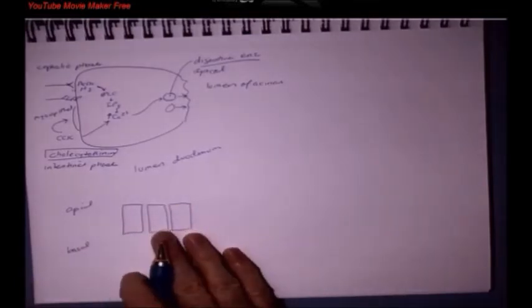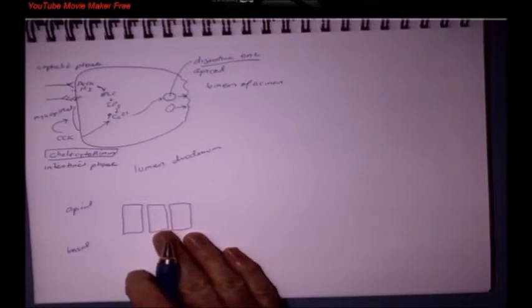This is the basal portion. So now what we're going to have is another very cleverly named cell, as Dr. McGuire said. It's called an I cell. Very creative. I don't know who comes up with this stuff. So the I cell is going to be the cell that is going to be secreting CCK.